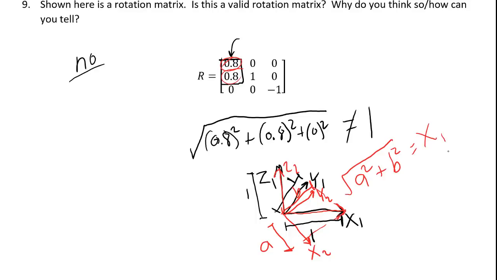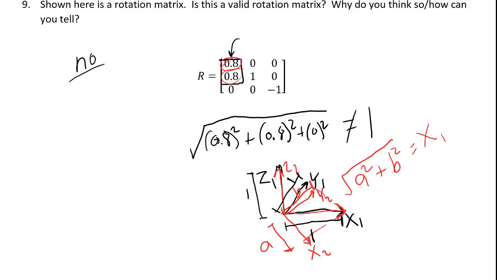Since in all of our frames we assume that all of the axes have a length of 1, it better be that when we square the projection on one axis, square the projection on the next axis, add them up and square root them, we end up with the length of the axis. This is also true in 3 dimensions.